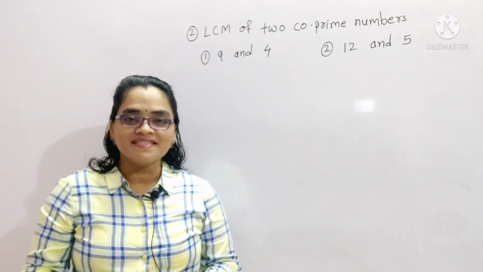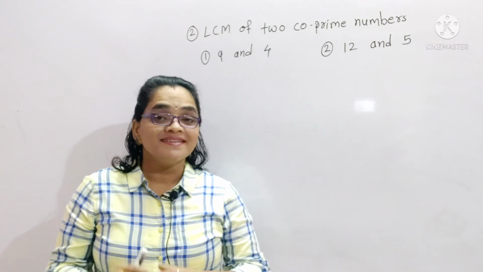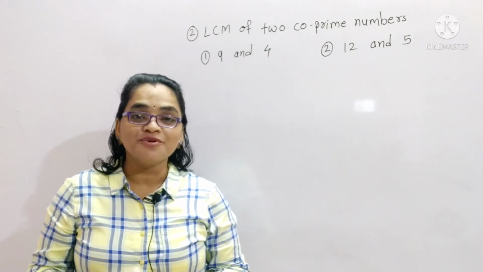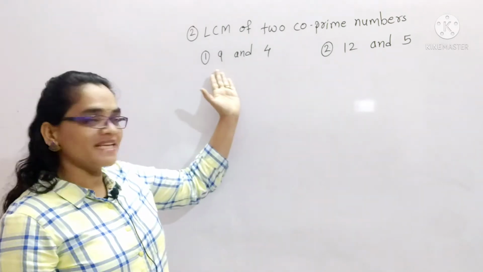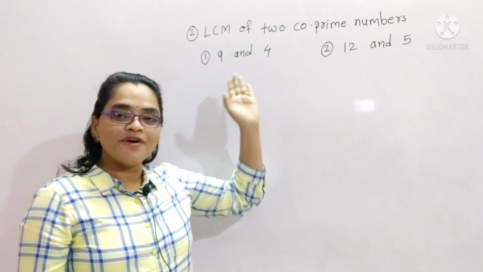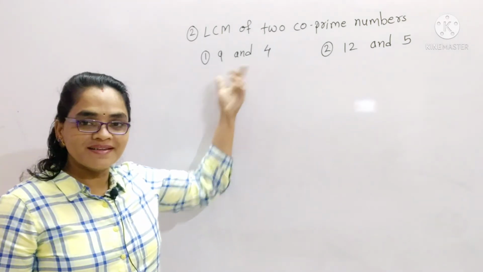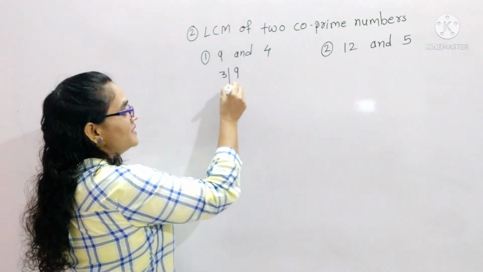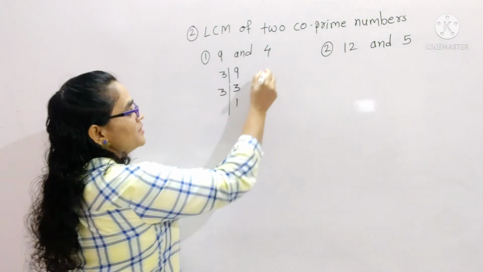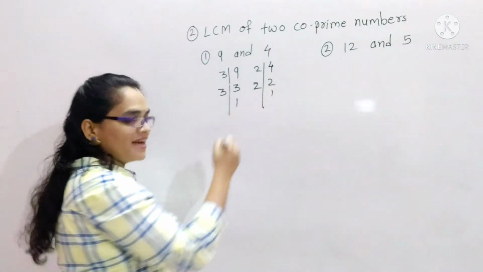The second property is about co-prime numbers. What is the meaning of co-prime numbers? Numbers which do not have a common factor other than 1. See the first example, 9 and 4. If we observe its factors, they do not have any common factor. 9's factors are 3, 3 3s are 9, 3 1s are 3. 4's factors: 2 2s are 4, 2 1s are 2.